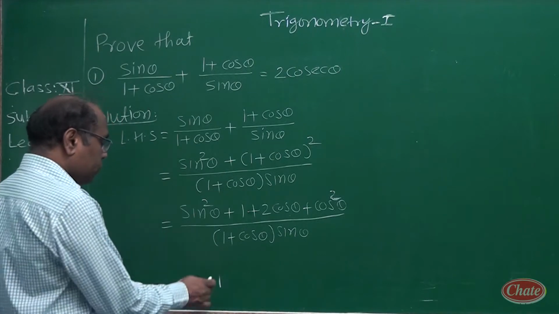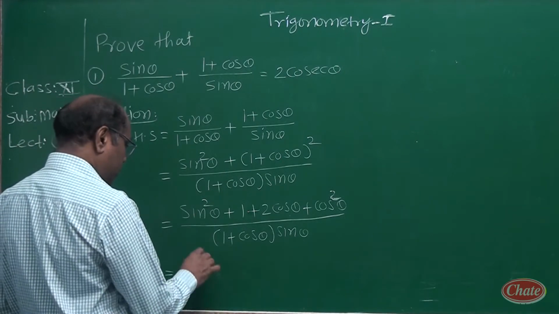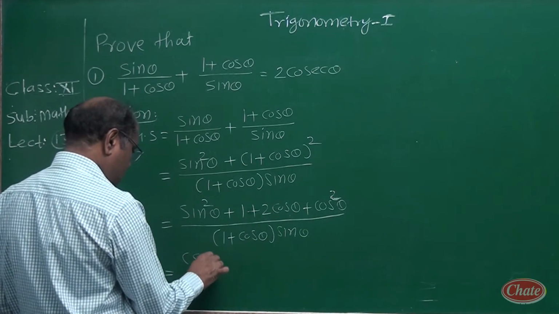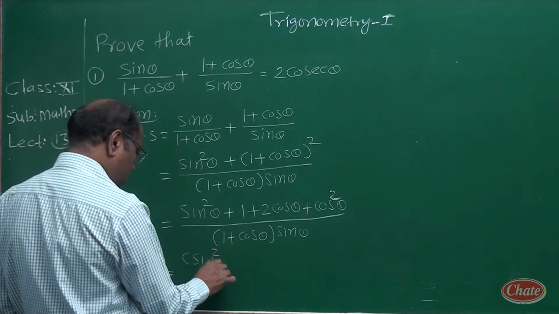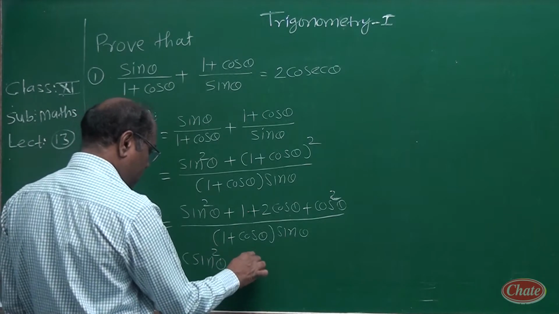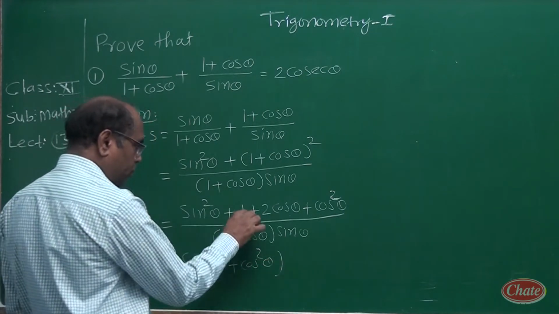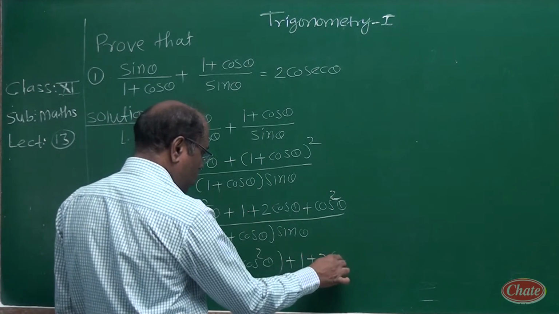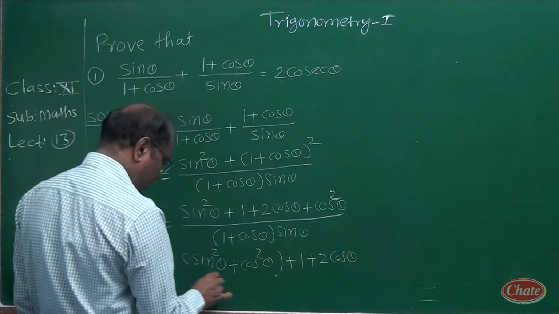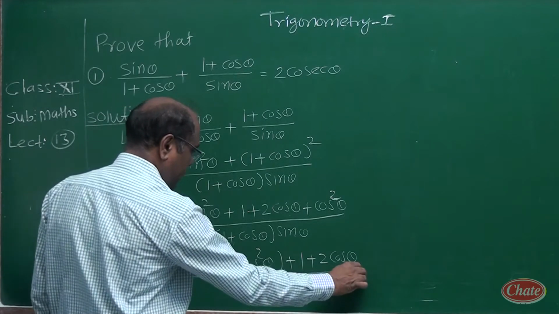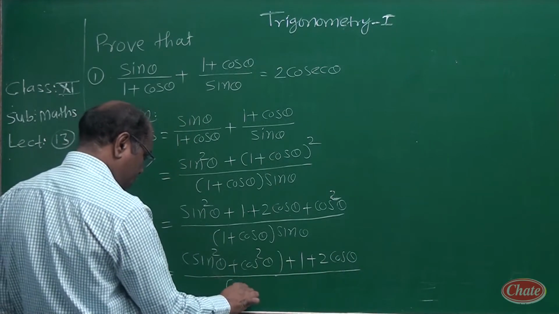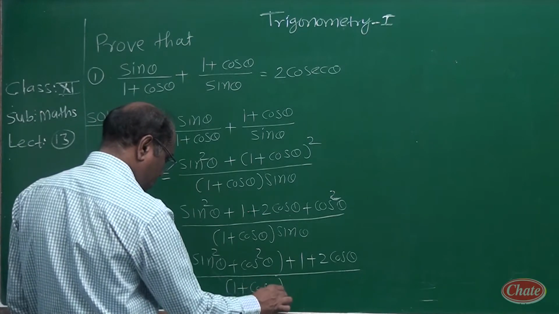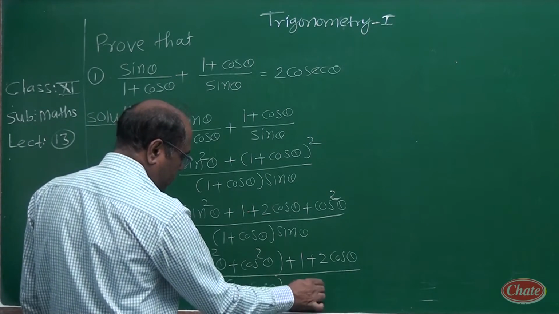Now that is equal to sin square theta plus cos square theta, we are taking together, plus 1 plus 2 cos theta, divided by 1 plus cos theta into sin theta.